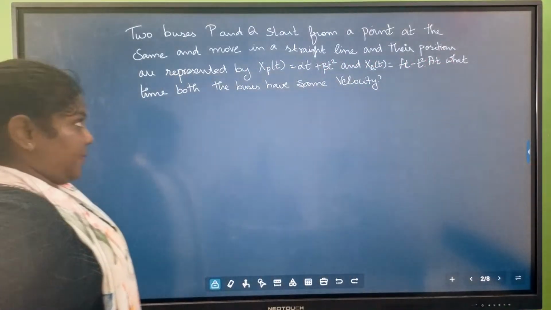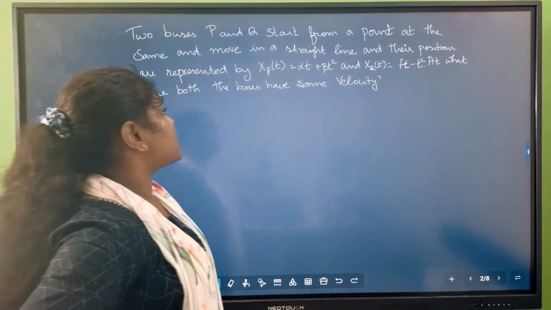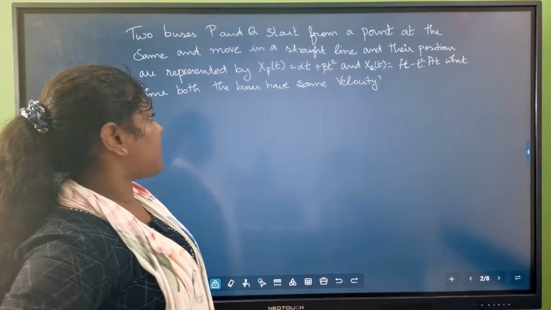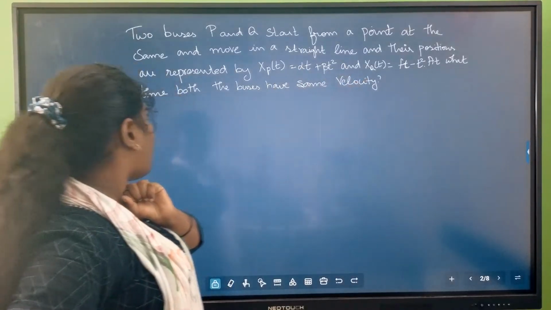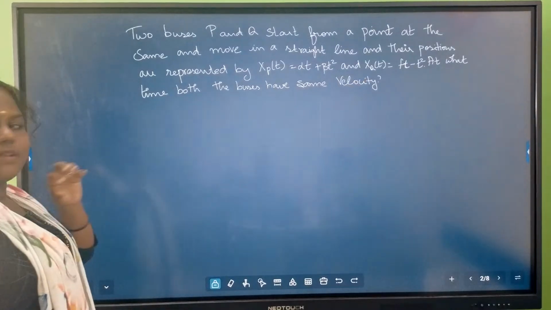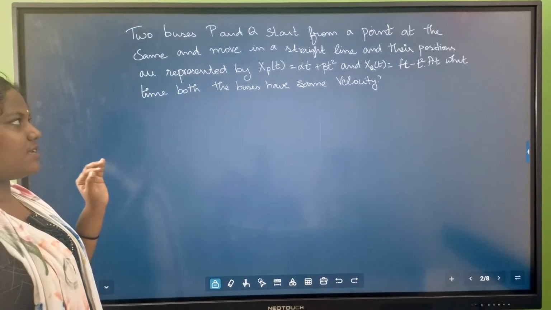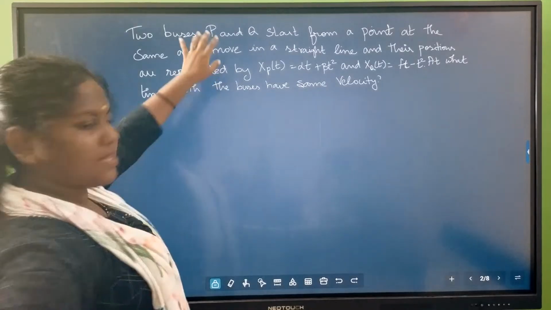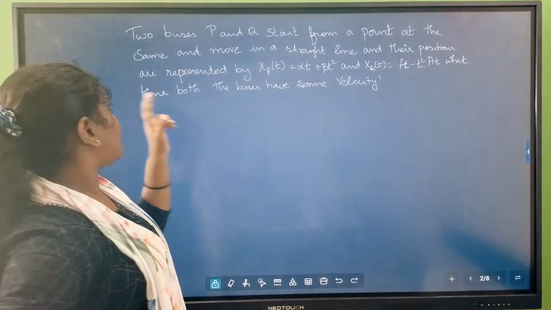Two buses P and Q start from a point at the same time and move in a straight line. Okay? And their positions are represented by these two. What they have asked: at what time do both the buses have the same velocity? This is the question. See, two buses P and Q start from a point at the same time.